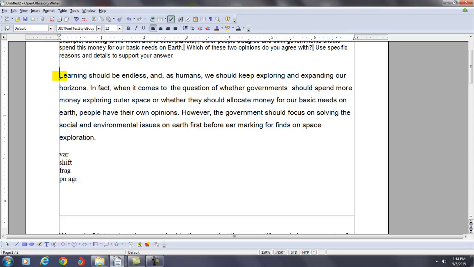All right, let's take a look at this paragraph one more time. So I think we got the paragraph a little bit more focused, and when we got to your thesis, I combined those last two sentences so you wouldn't have a sentence fragment. So you say, learning should be endless, and as humans, we should keep exploring and expanding our horizons. I'm going to go ahead and go back to what you said. I think it'll work.